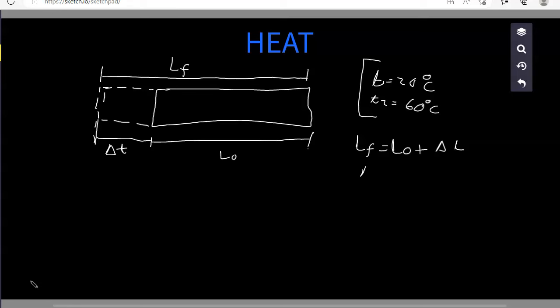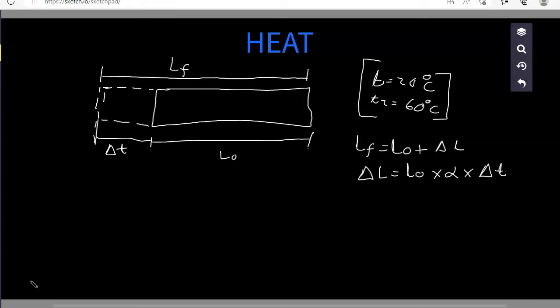We have a formula to calculate delta L. The change in length is given by the original length times the coefficient of linear expansion times the change in temperature, which is T2 minus T1.